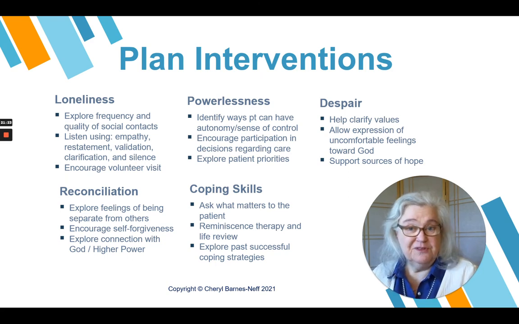Quality is more important than quantity, and it may be that there are some ways that we can help bring in other people that the patient can connect with to feel that that loneliness is not an issue or a problem anymore. We want to listen with empathy, have restatement, validation, clarification, even using silence.